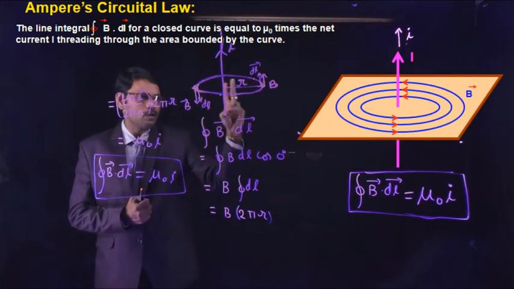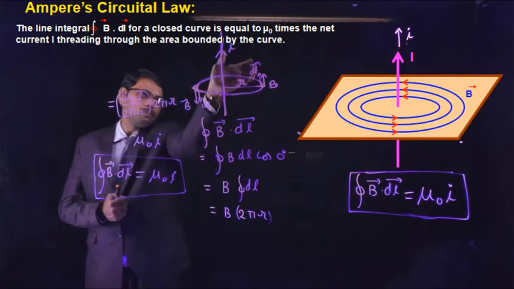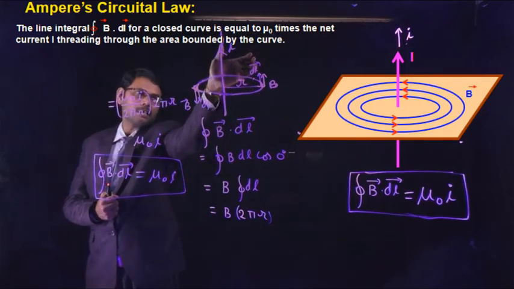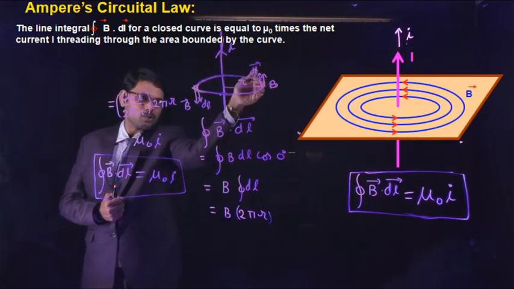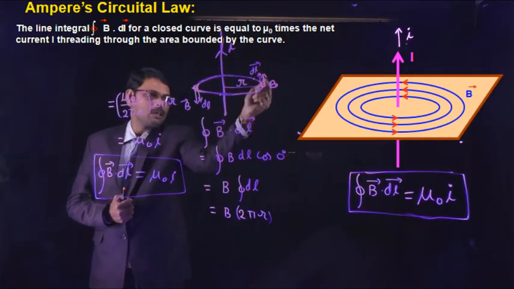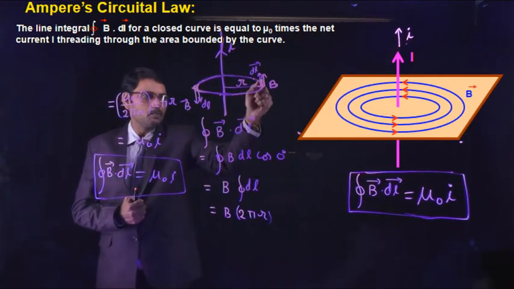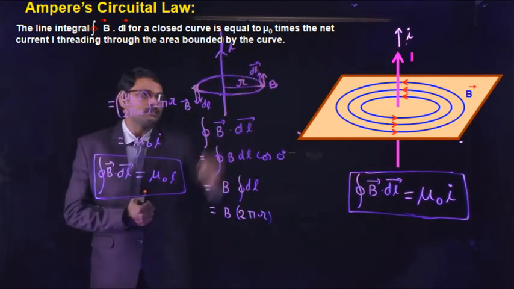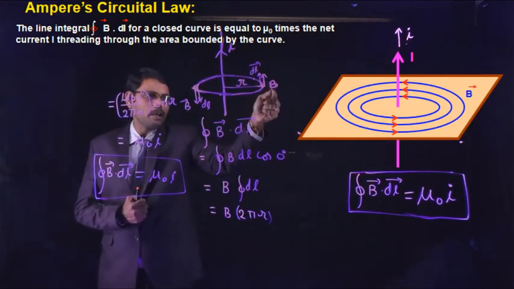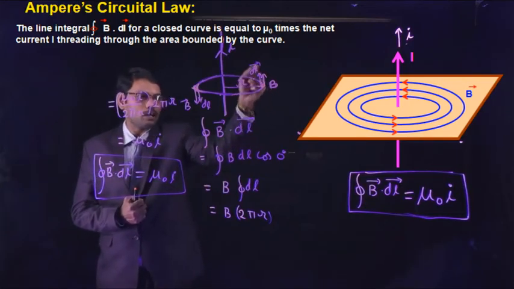Second point, the direction of B: if you take the thumb along the direction of current, when you curl your fingers, it shows the direction of B bar. So B bar is tangential to the periphery, tangential to any point on the circle, and dl bar is also along the tangent. Therefore, at each and every point, B is constant and dl bar is parallel to B bar.